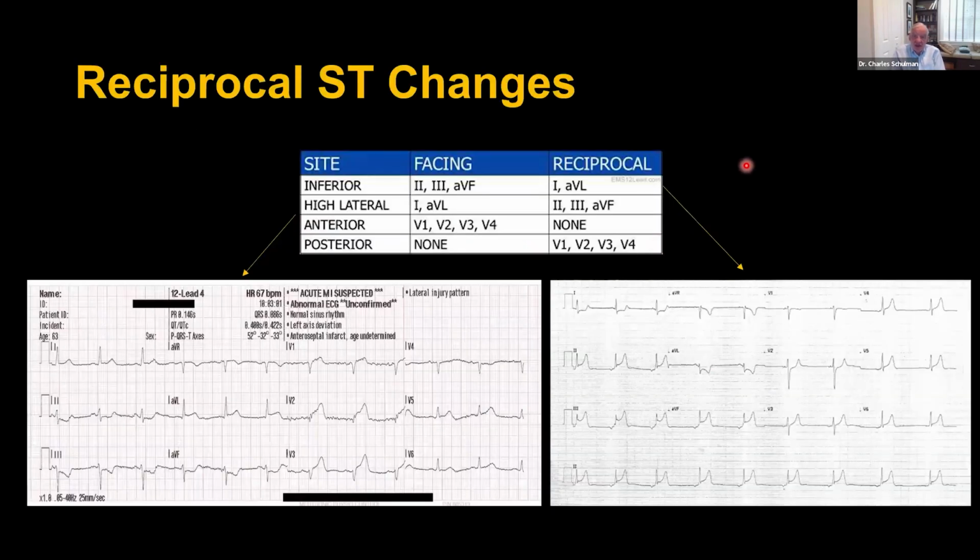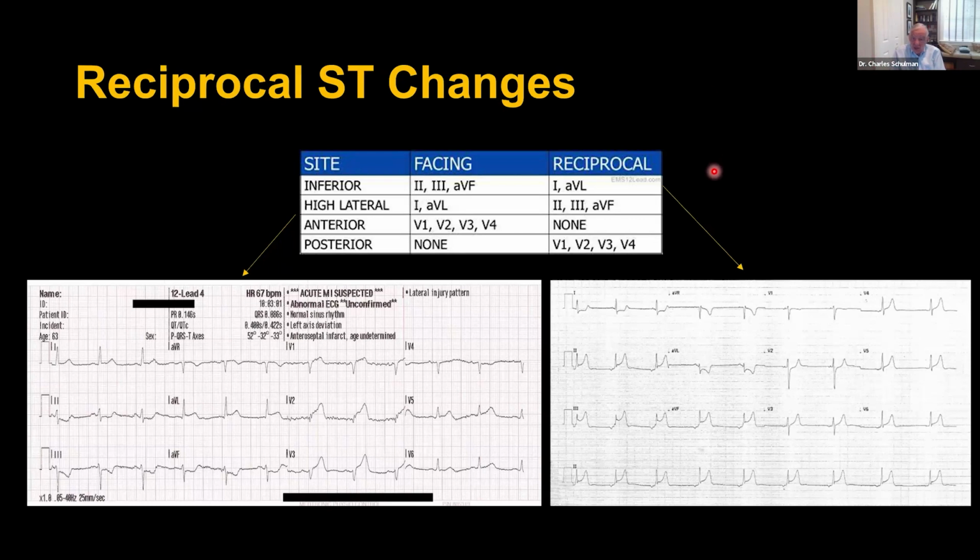Now, this is common and important to recognize because these are secondary changes, not primary changes, reciprocal ST changes. And what this means is that if there is an acute ST elevation MI in one territory, then there will be reciprocal ST depression in the opposite territory.